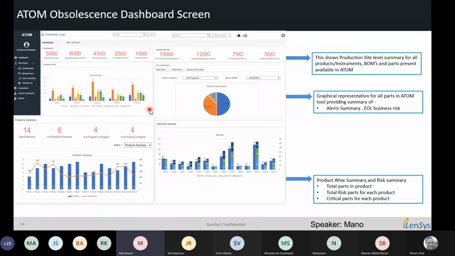Our software tool enables you a continuous monitoring mechanism. Assuming you are managing in Excel sheets and so on, it becomes very challenging to continuously monitor your risk and ensure that you have a mitigation plan in place. So this software tool helps you in the continuous monitoring as well.